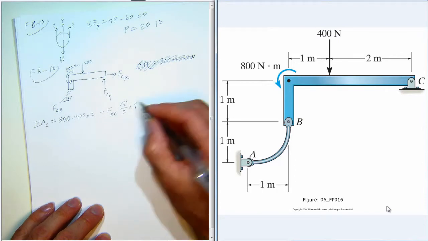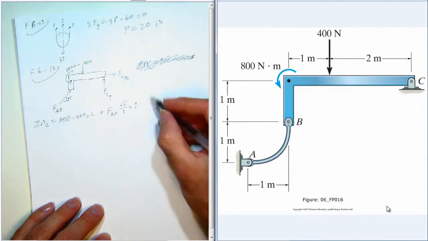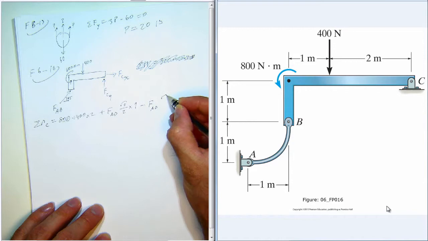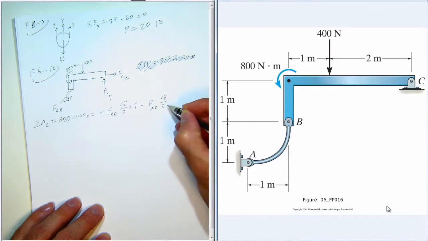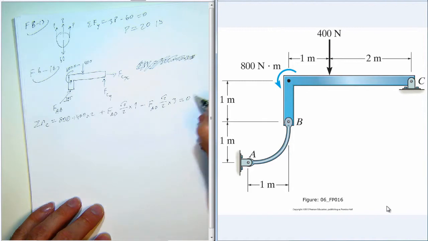And the y component of FAB generates a negative moment, so minus FAB sine of 45, and its moment arm is 3 meters, and all that equals 0.